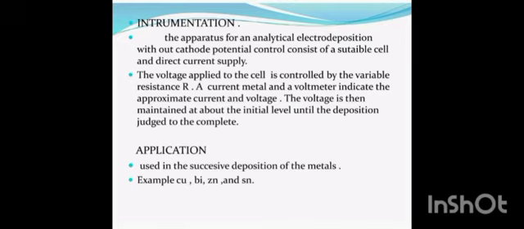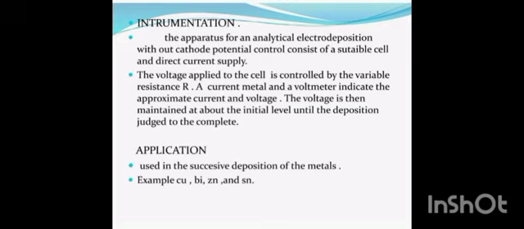The apparatus for an analytical electrodeposition without cathode potential control consists of a suitable cell and a direct current supply. The voltage applied to the cell is controlled by a variable resistance, and an ammeter and voltmeter indicate the approximate current and voltage. The voltage is maintained at about the initial level until the deposition is judged to be complete.